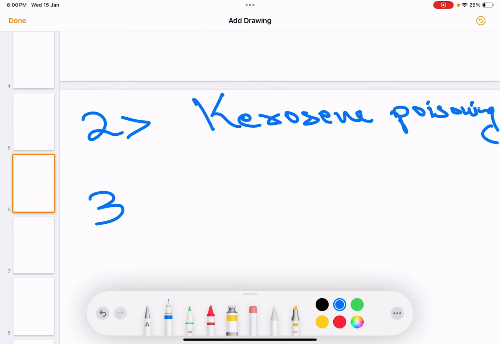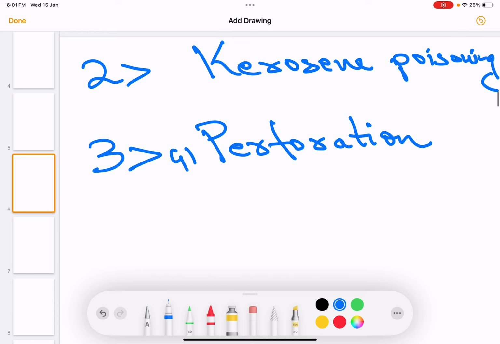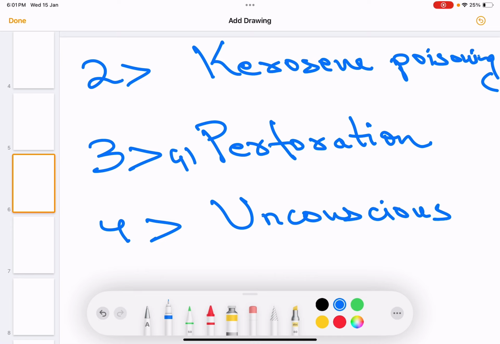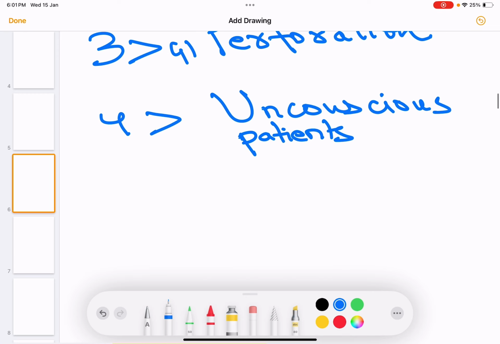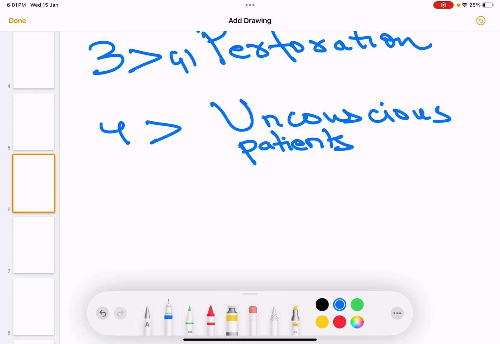Third is any perforation. If there is GI perforation, then emetics are not used. They may aggravate the perforation. Fourth is any unconscious patient. Emetics are not used as there is a risk of aspiration. So these are a few contraindications. Emetics are also avoided in hypertensive patients.